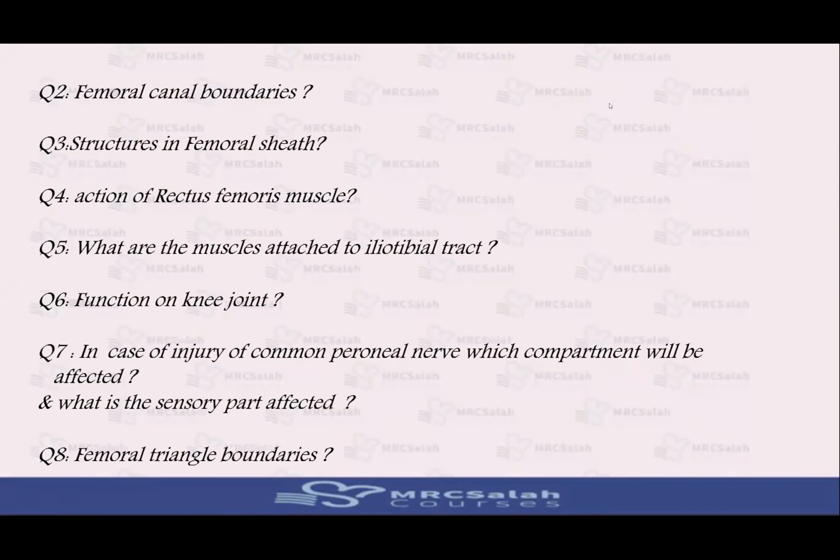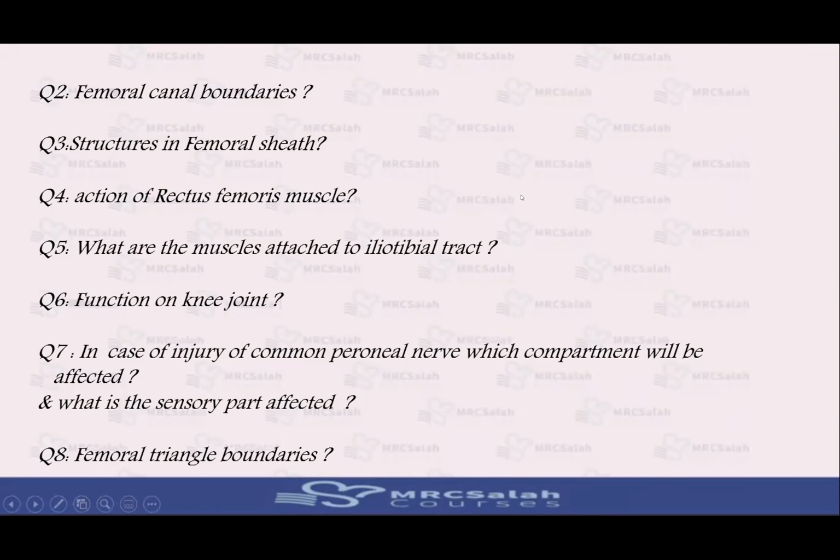The action of the rectus femoris muscle: as a part of quadriceps, it causes extension of the knee and flexion of the hip. What muscles are attached to the iliotibial tract? Two muscles, tensor fasciae latae and gluteus maximus.